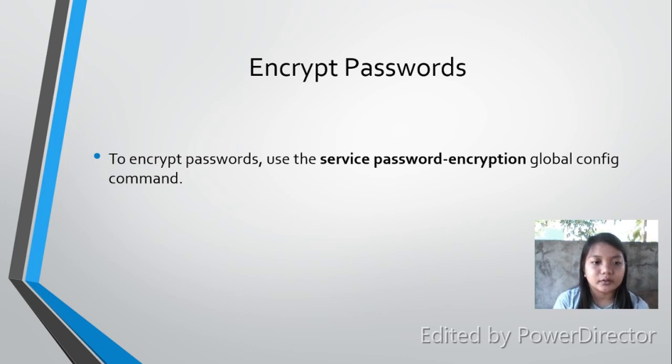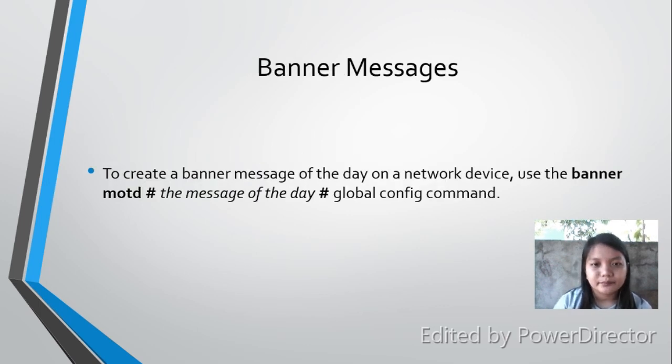Encrypt passwords. To encrypt passwords, use the service password-encryption global config command. In the global configuration mode, you just type service password-encryption, and then all your passwords will be encrypted. Banner messages. To create a banner message of the day on a network device, use the banner motd command, then the hashtag, then the message of the day, and then the hashtag, in global configuration mode.